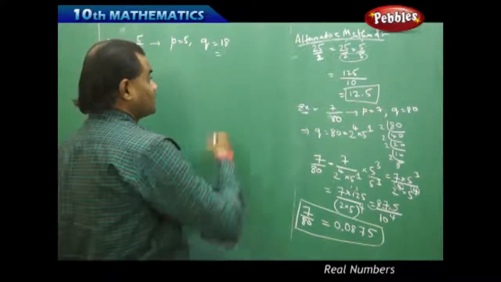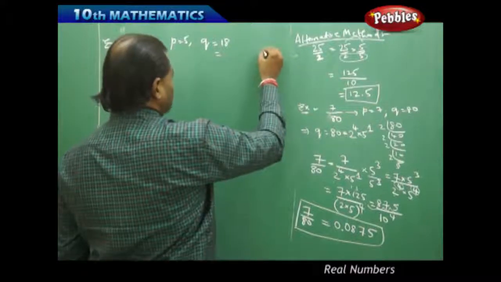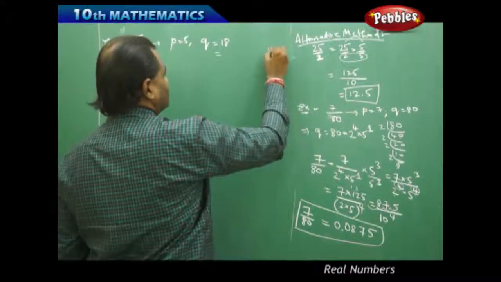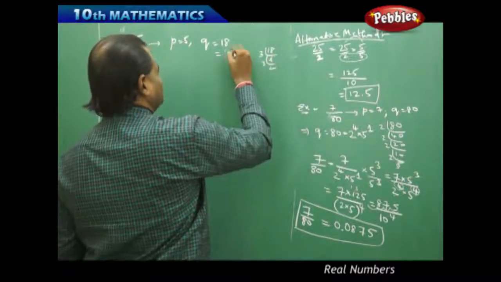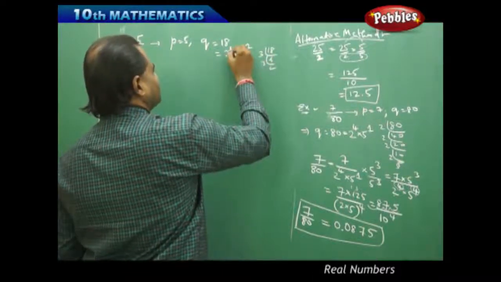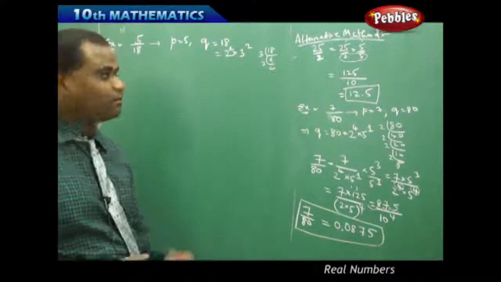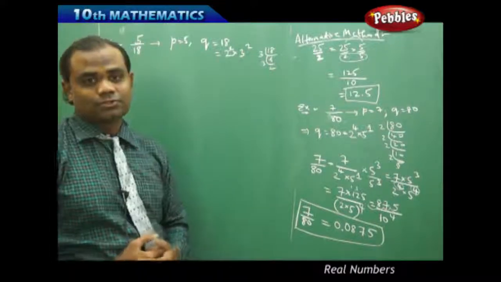So let's see if I can convert this. 18 can be written as 3 6s, 3 2s, so 18 can be written as 2 power 1 into 3 power 2.